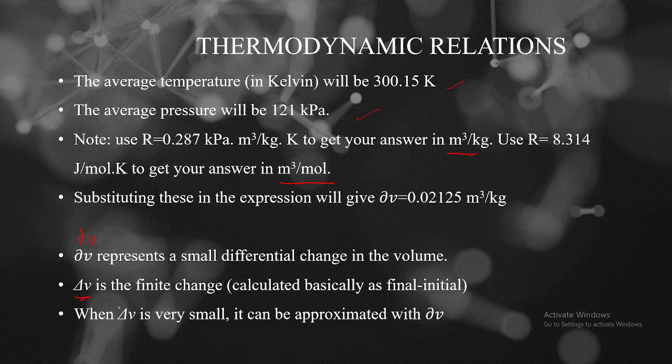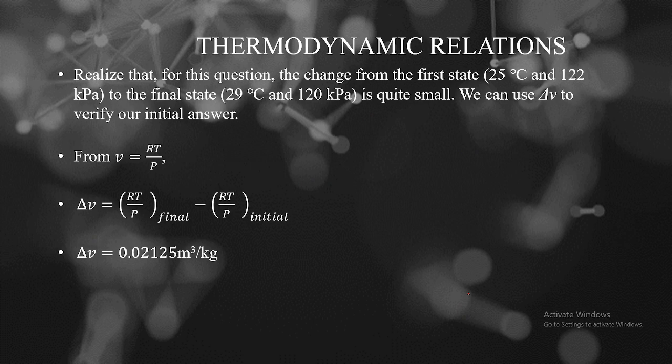Delta v is a finite change, so we usually calculate it with final minus initial. And when our delta v is very small, as in the points at the final state are not too far from the points at the initial state, like what we saw in the question, we can use it to approximate our dv, right?